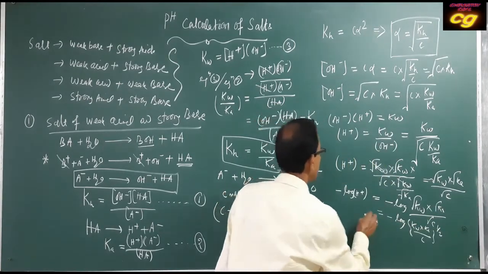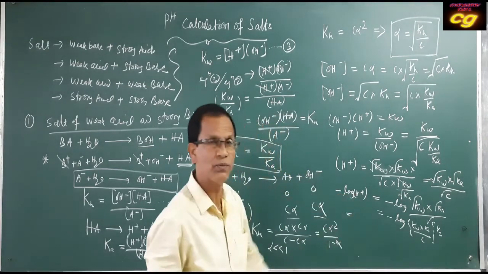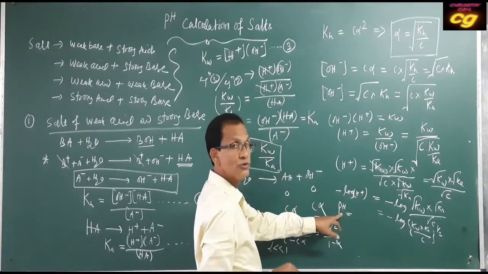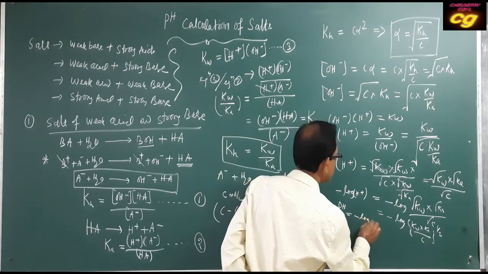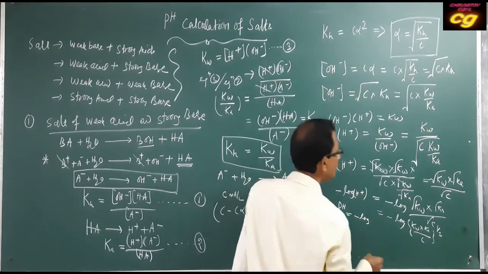Then you can write that minus log H plus is equal to pH. So pH is equal to minus log, and you can keep it like this.